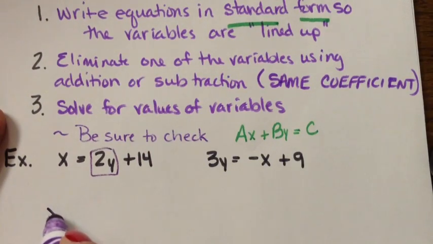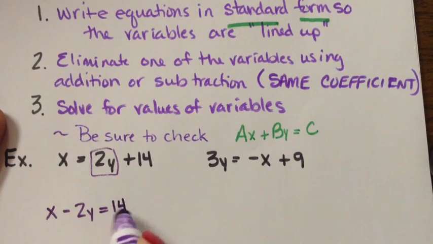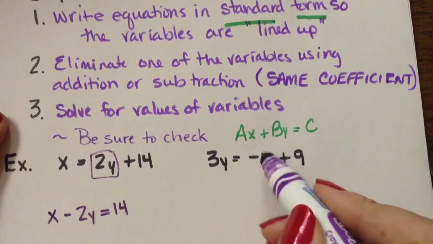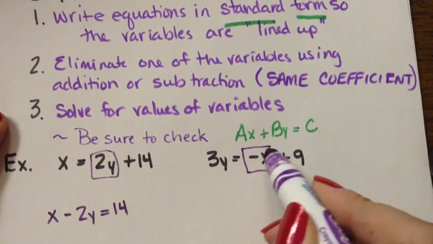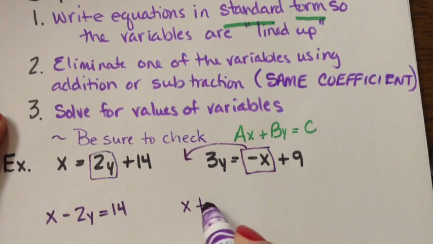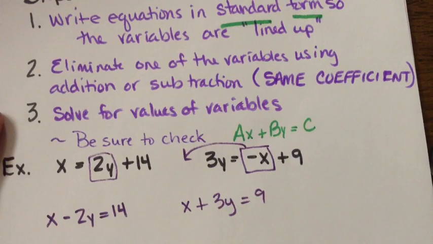And so when I do that, I have x minus 2y equals 14. That's for the first equation. And on the second equation, I need to move this guy over here. So that's going to look like x plus 3y equals 9. All right, so I have both of my equations in standard form.